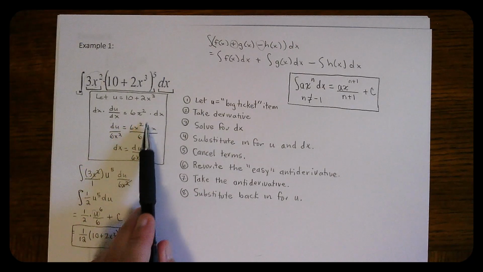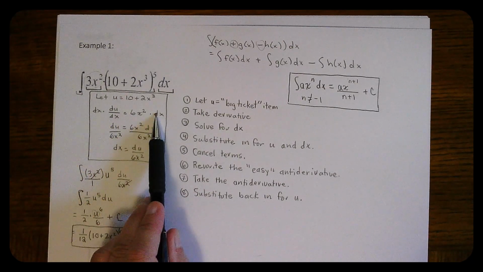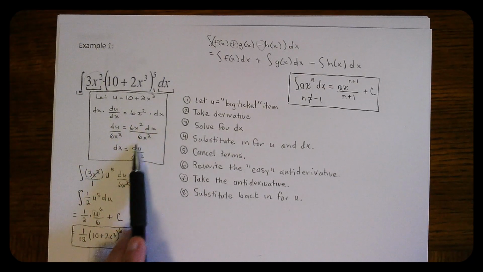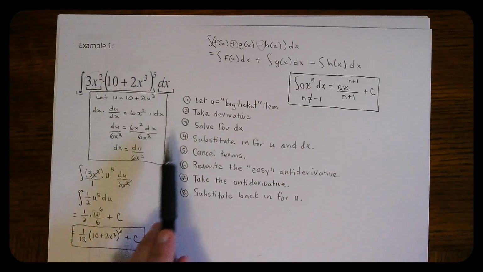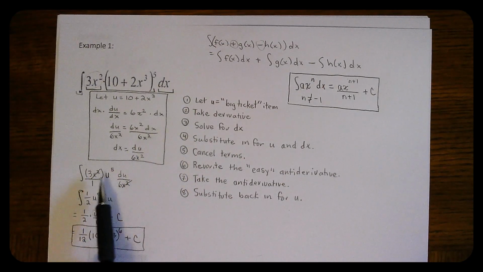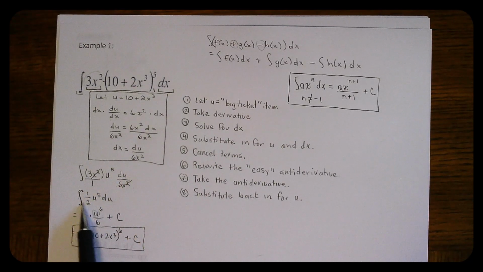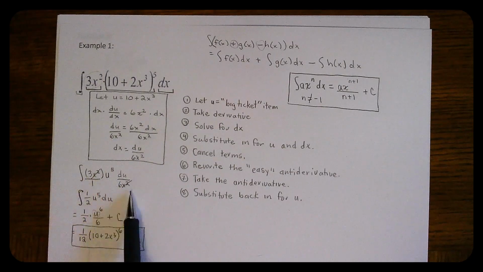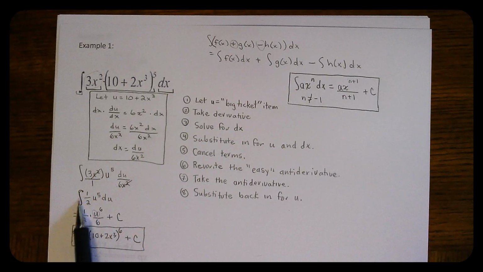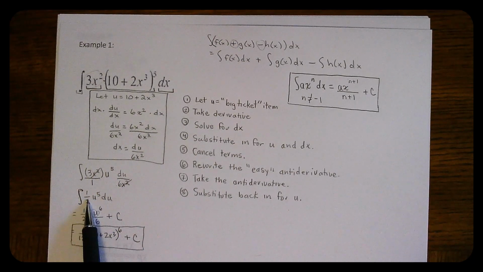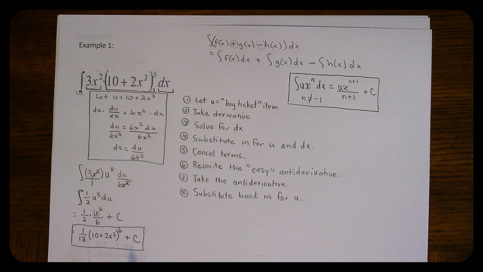Then you're going to multiply both sides by dx and solve for dx. Then you're going to substitute in for u and dx. And then you're going to rewrite and cancel the terms. And then you're going to rewrite this into an easy antiderivative. You're going to take that easy antiderivative, and then you can substitute back in for u, and you're done.